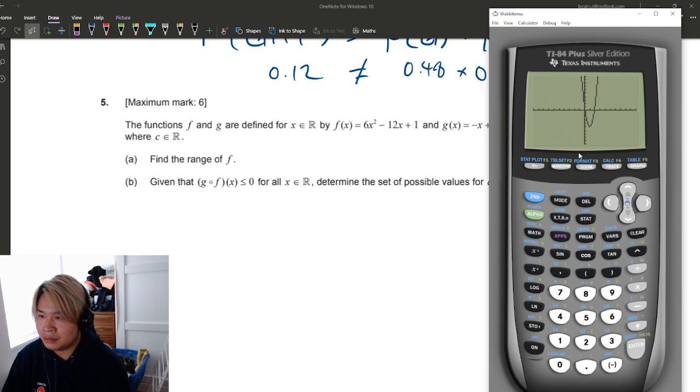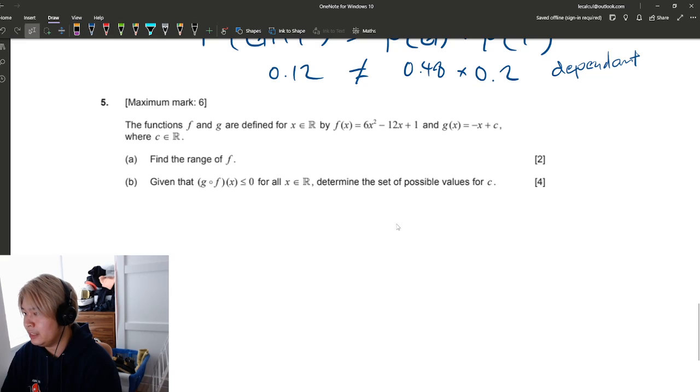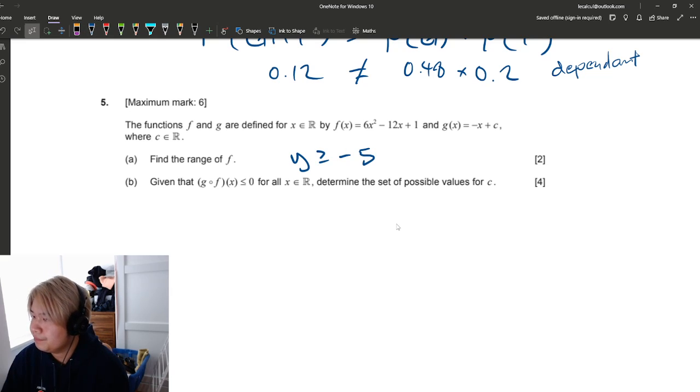This has a minimum, so we need to calculate it. Easiest way is to let the GDC do it. The minimum y value is -5, so the range of f is greater than or equal to -5.